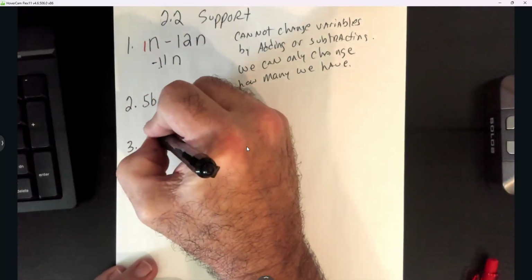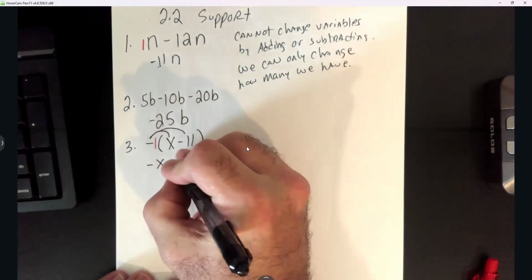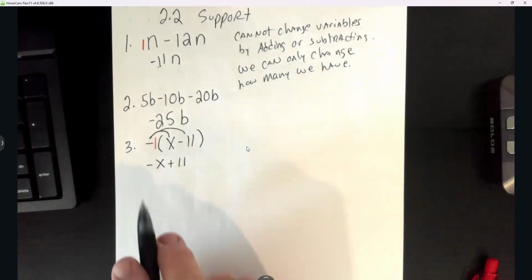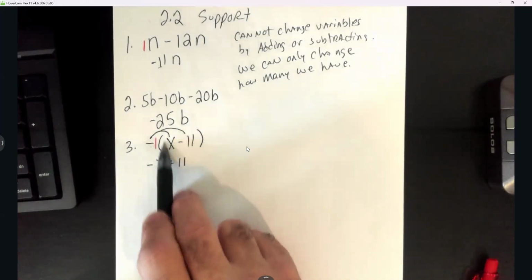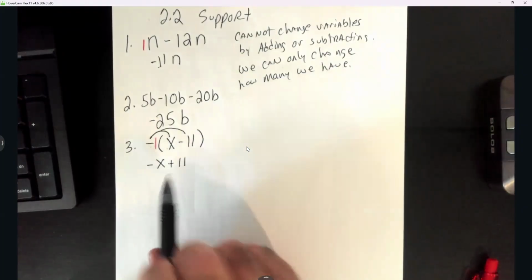Then you distribute that negative 1 to the negative 11, and negative 1 times negative 11 makes a positive 11. So Genesis, good job. You had that negative x plus 11. So the negative basically changes the signs. Positive x becomes negative. Negative 11 becomes positive.